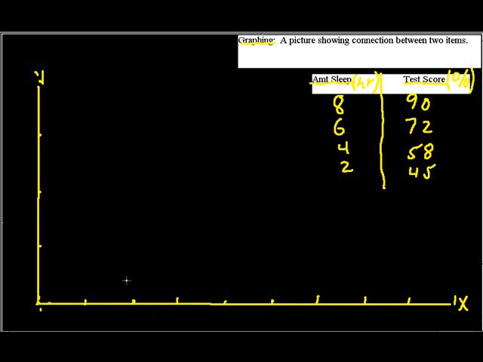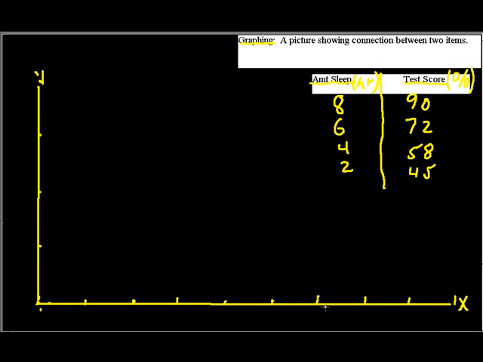What is the scaling or interval value that we're going to assign here, and what is the interval or scaling that we assign here? Well, the first thing we're going to figure out is which of these items, amount of sleep or test score, is going to be on the x-axis.